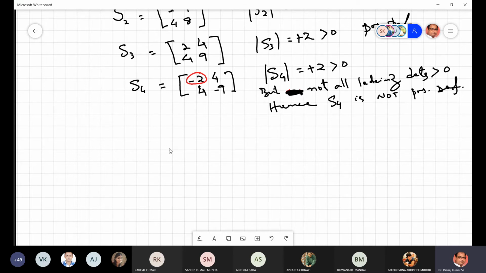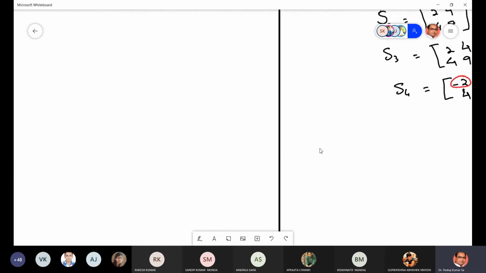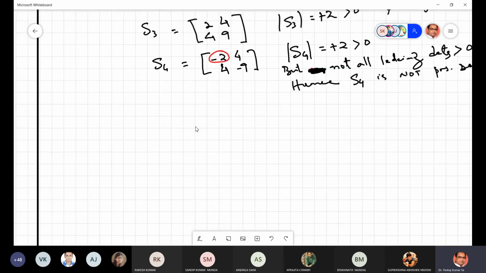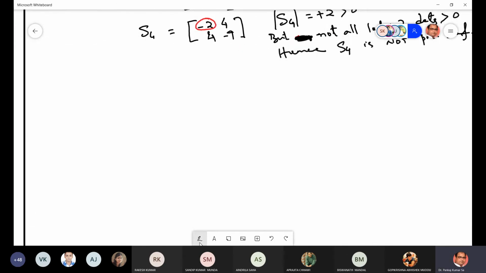In the process of LU factorization, the elimination process, we have already found the pivot elements. The same thing applies here.